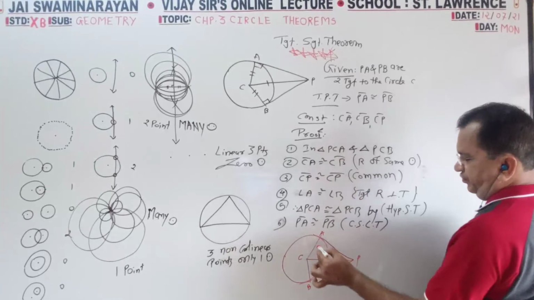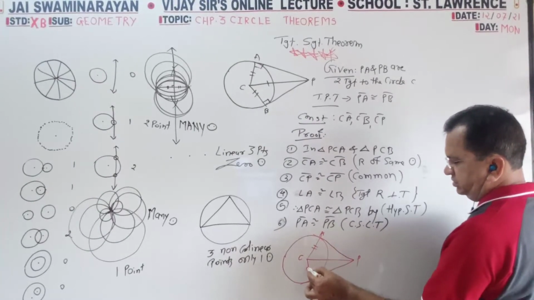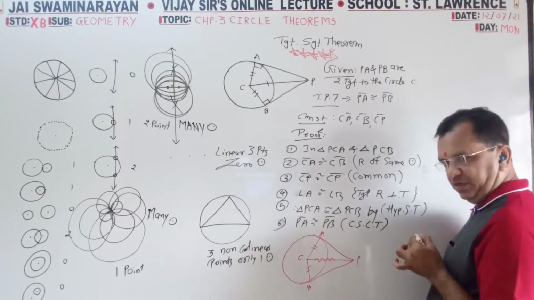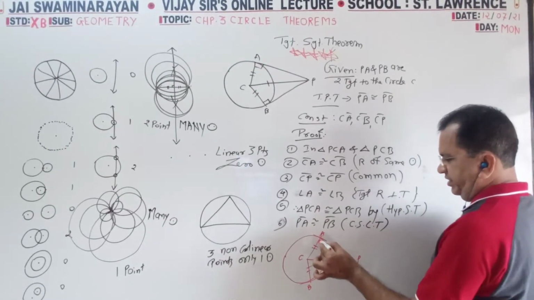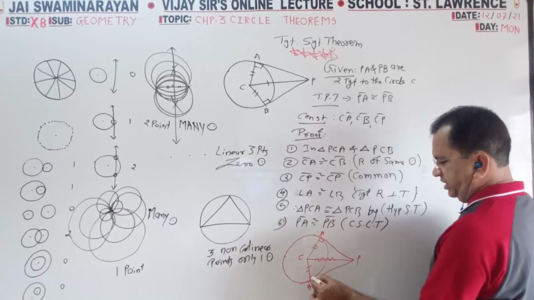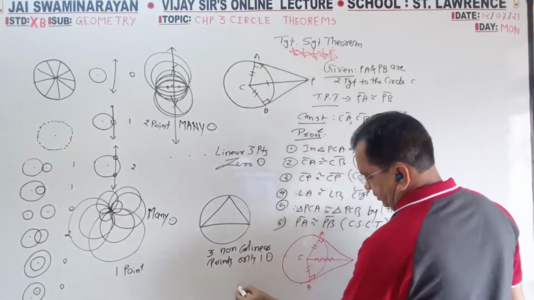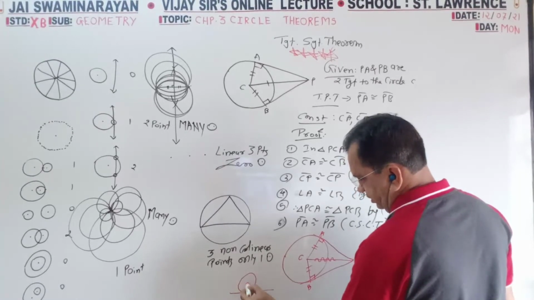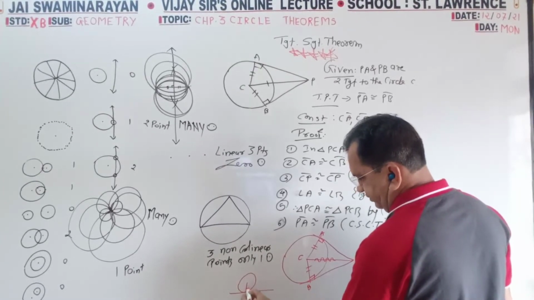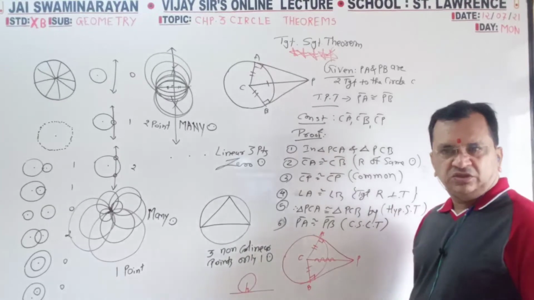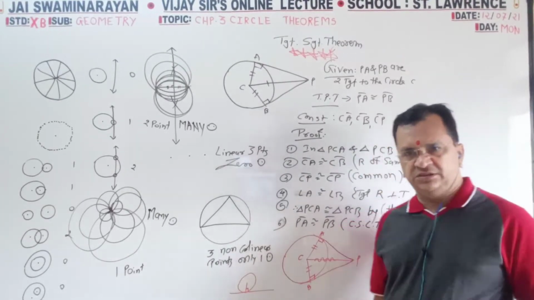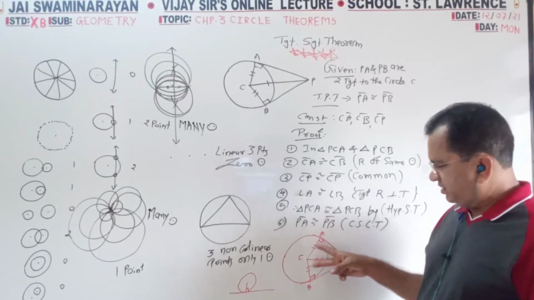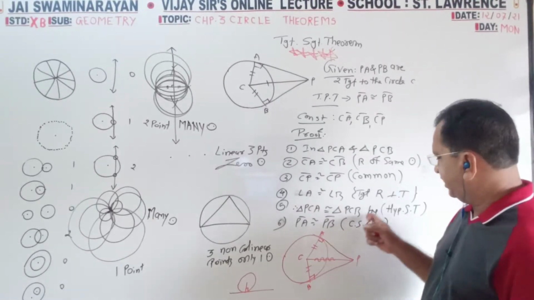Now prove this triangle congruent to this: common side, same radii, and a tangent and radius to the circle are always perpendicular. If there is a tangent, draw the radius, it is always perpendicular. So on that basis, 90 degrees, hypotenuse equal, one side equal, so hypotenuse side test.